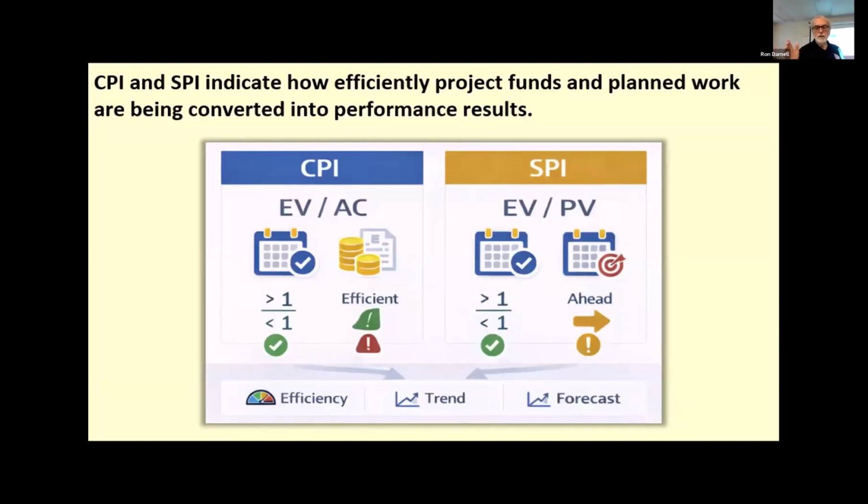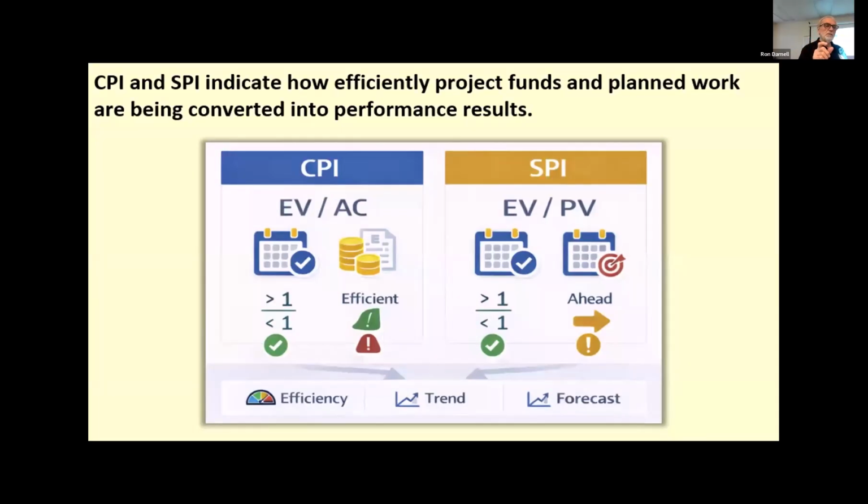In other words, SPI reflects whether the project is converting planned work into completed work efficiently. So CPI and SPI go beyond just simple favorable versus unfavorable comparisons. They help us as project managers understand how efficiently the project is using money and time, and they provide a stronger basis for forecasting and taking corrective action.